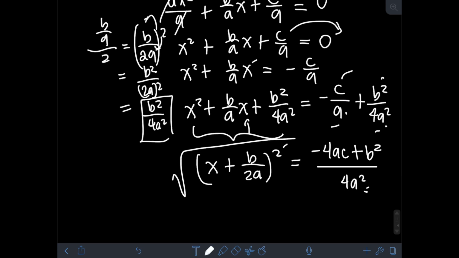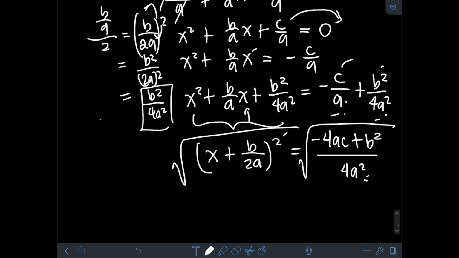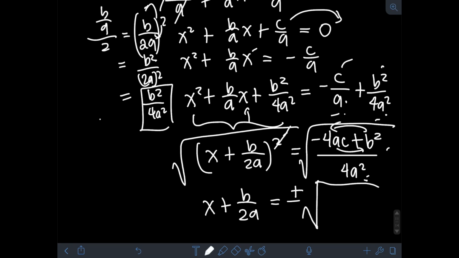Next, we can get the square root of both sides so that we can cancel the square on the left side and be left with x plus b over 2a equals. Since we're getting the square root of an expression, we must put plus or minus in front of the square root. And I will just exchange the position of b squared and negative 4ac in the numerator.